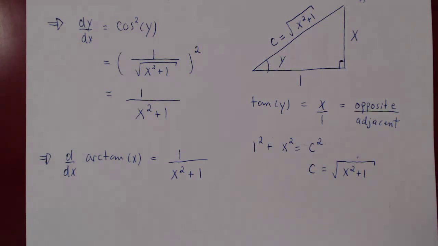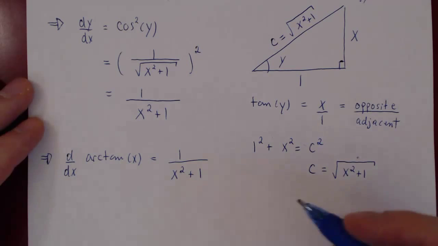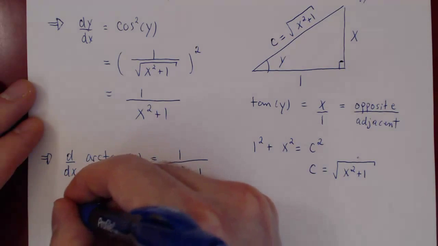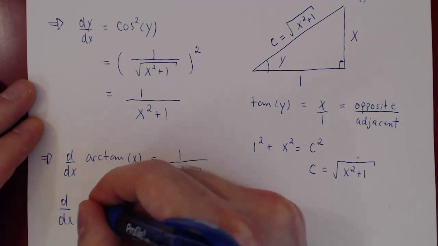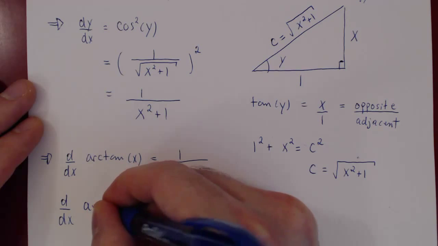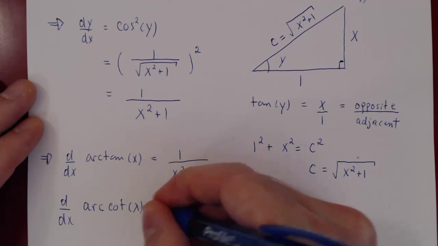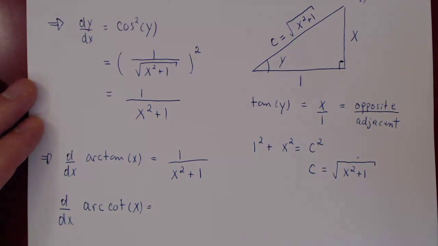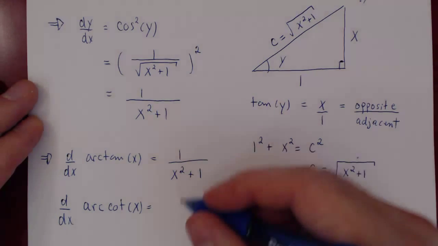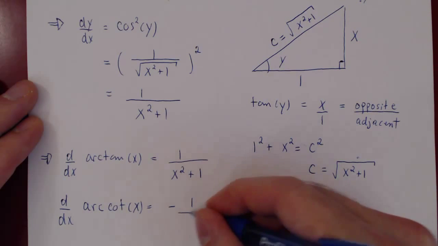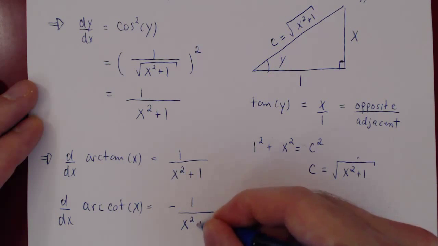So there you have it. Now on your own, using again a similar argument, show that the derivative of the inverse function of cotangent, therefore arccotan of x, will be again, surprisingly, just the negative of this one. So negative 1 over x squared plus 1.